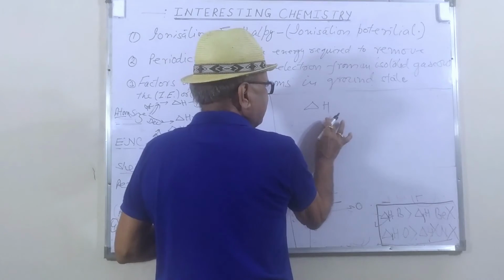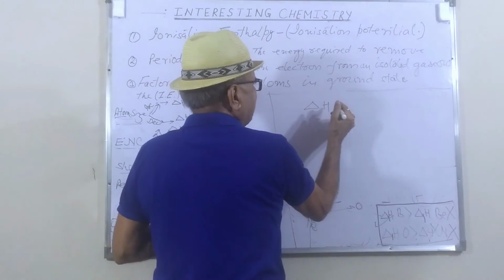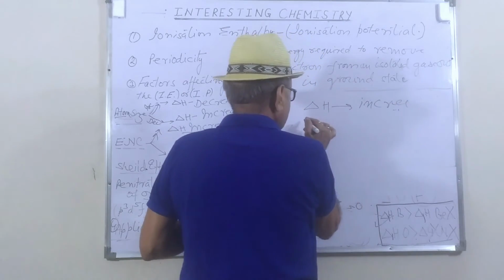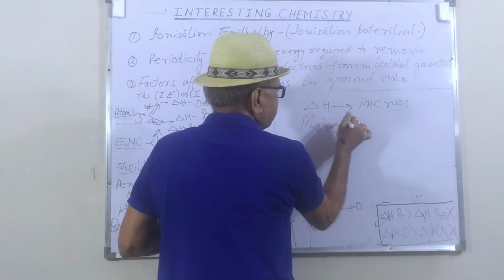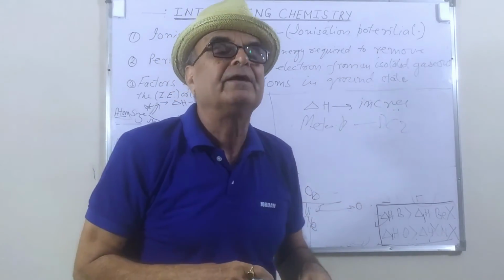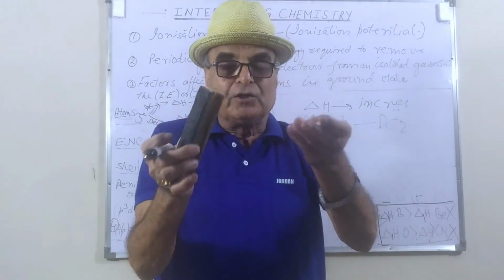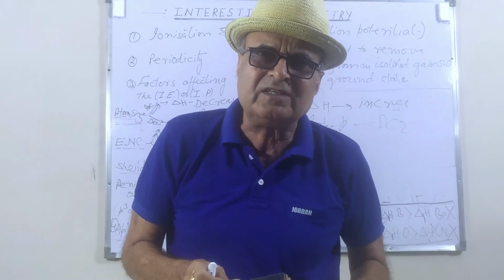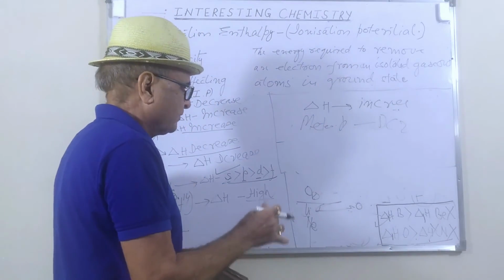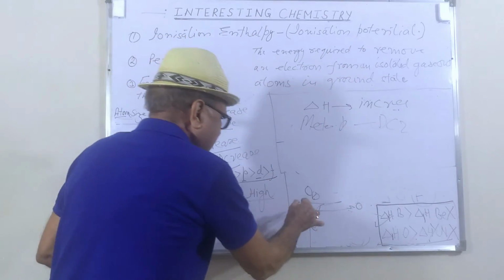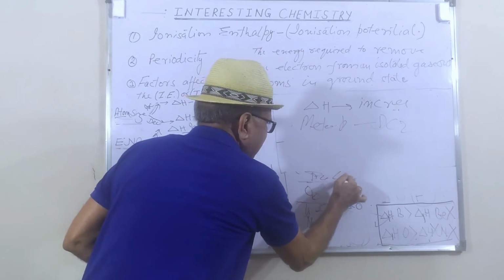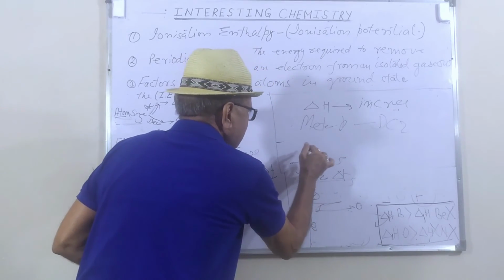Suppose I am writing only the ionization enthalpy, delta H. If delta H increases, the metallic properties will decrease, because the removal of the electron requires more energy. In this way, the enthalpy of lithium, sodium and so on is increasing, so the metallic properties will decrease.